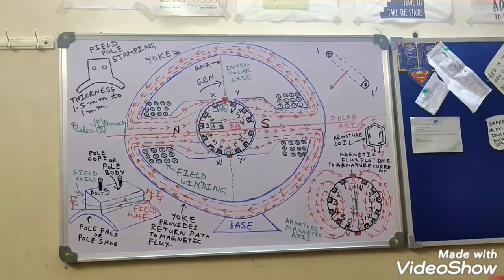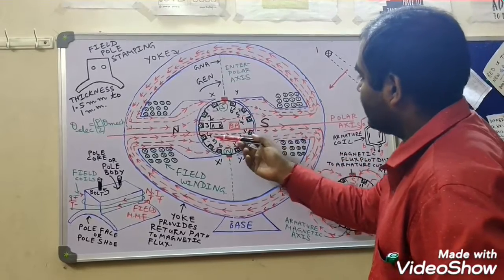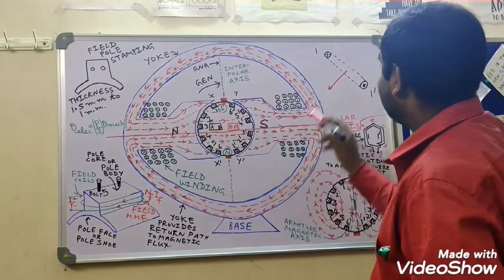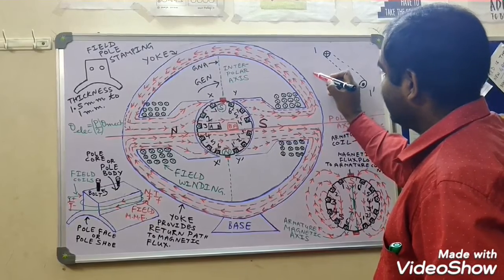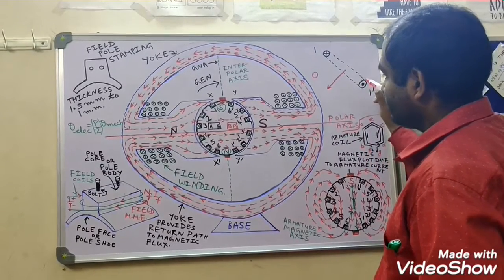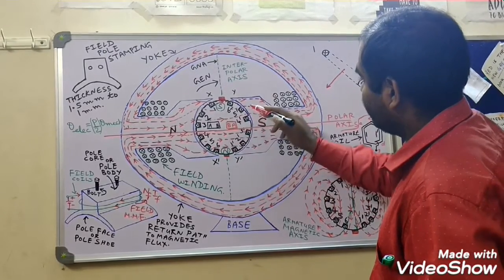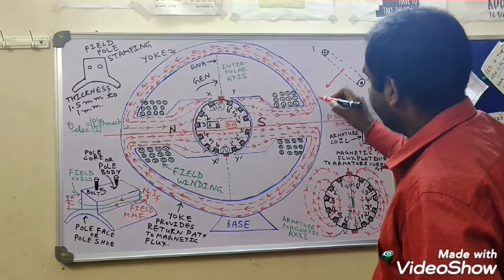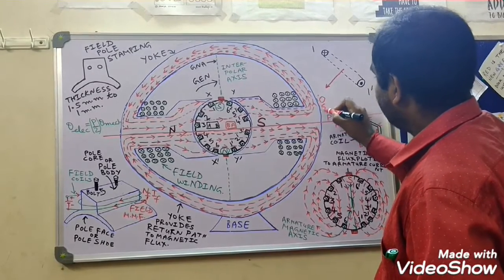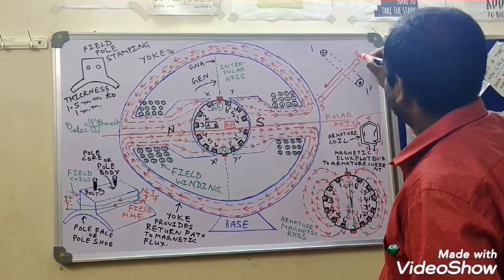Let me draw once more so it will be clear to you. Let us take coil, say, 3 dash. So what is the orientation of coil 3 dash? Coil 3 dash is like this. This is 3. Okay, let me better you take another coil. Let's say coil 5 dash. So this is my coil 5 and this is your 5 dash.